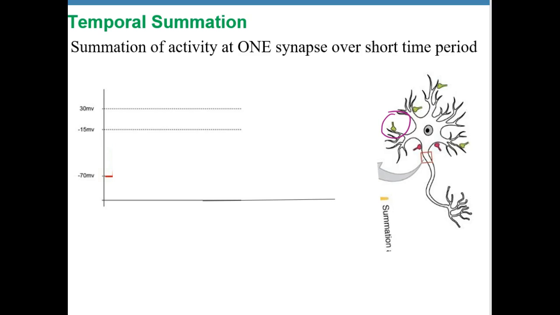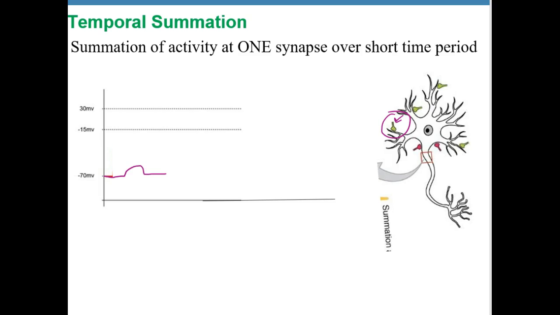This little axon terminal right there is green, so we are going to assume that this is an excitatory neuron, so we're going to be generating excitatory postsynaptic potentials. So you're here with your resting membrane potential. You release a little bit of neurotransmitter, it looks like that.